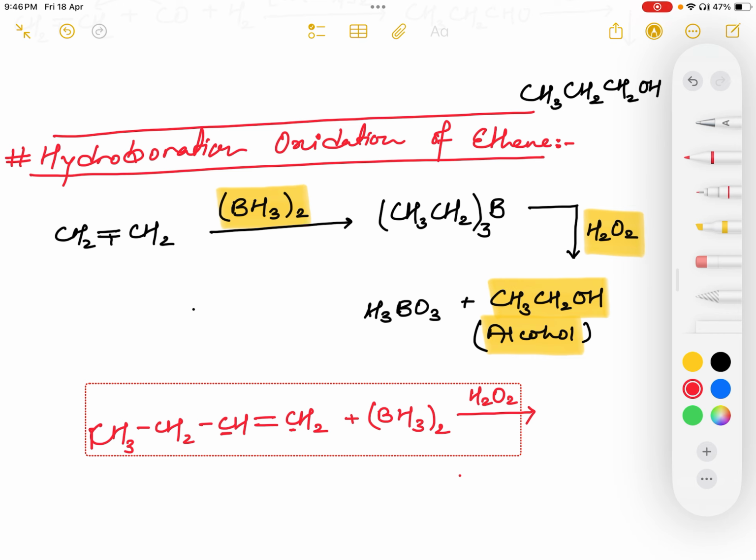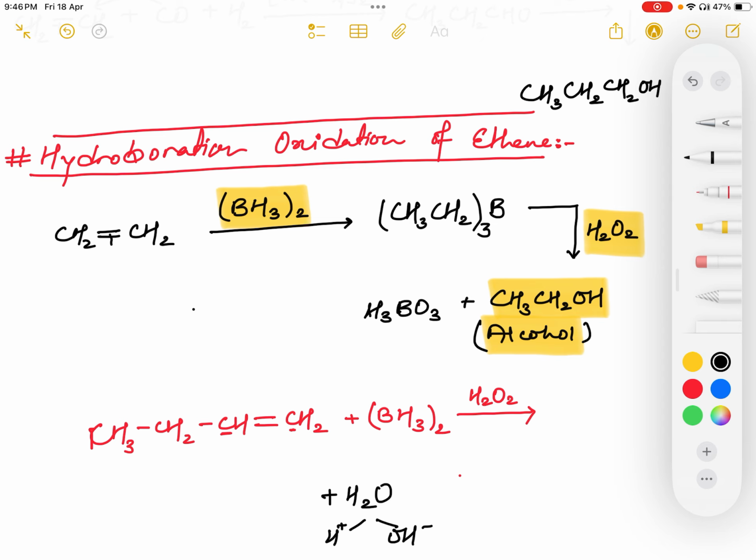So what you simply need to put in mind is don't have a lot of confusion. Simply remember that you are adding water. How will it break? It will break as H plus and OH minus. According to anti-Markovnikov, hydrogen attaches to the carbon having less number of hydrogens, so H will move right here and OH will move right here. So basically it is going to give you 1 degree alcohol.